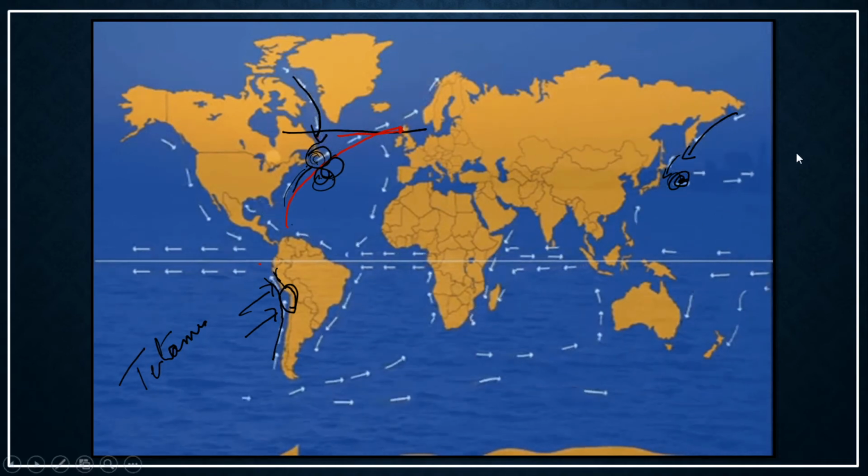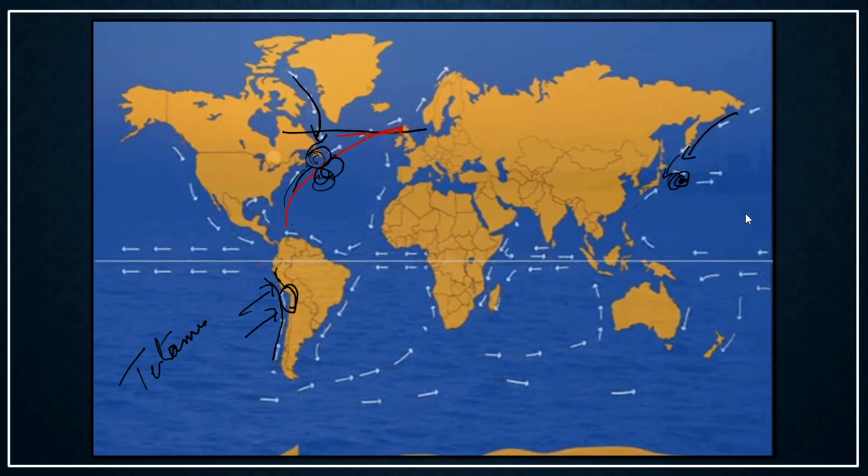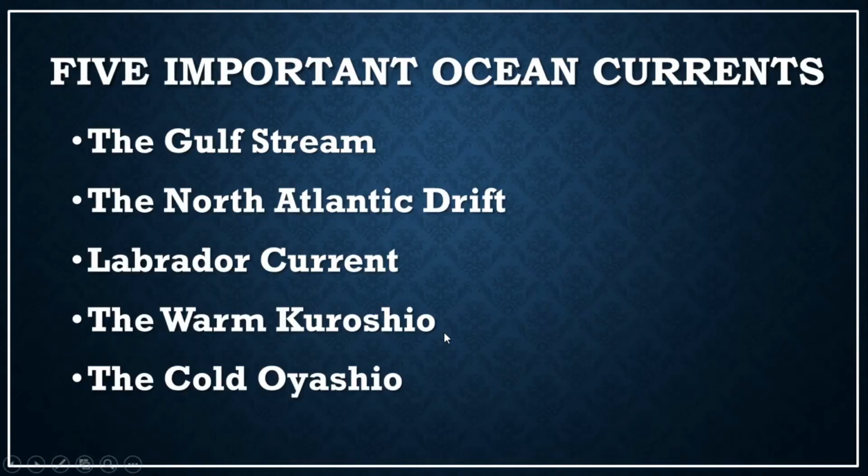Next, we must learn about the most important currents. Now, the 5 most important currents are the Gulf Stream, the North Atlantic Drift, the Labrador Current, the warm Kuroshio, and the cold Oyashio.